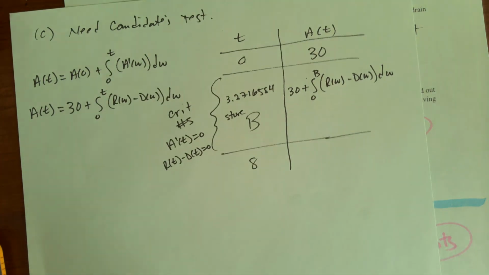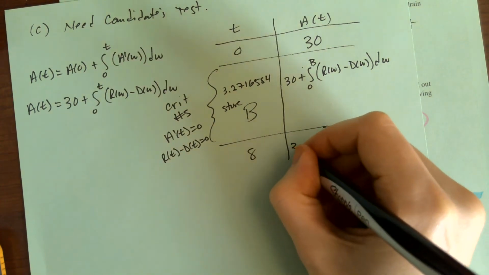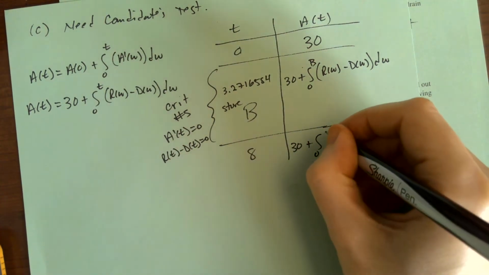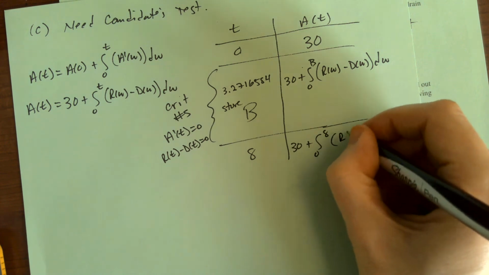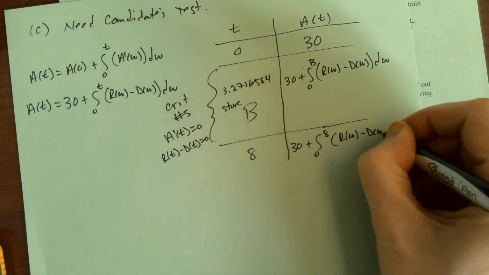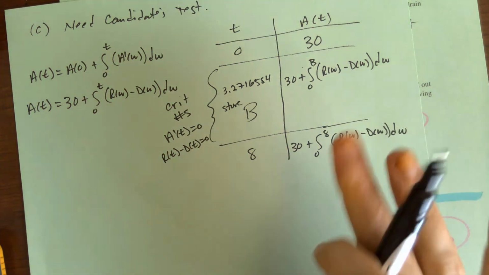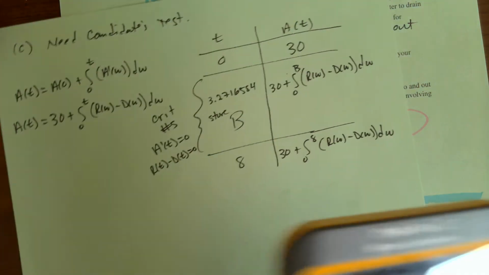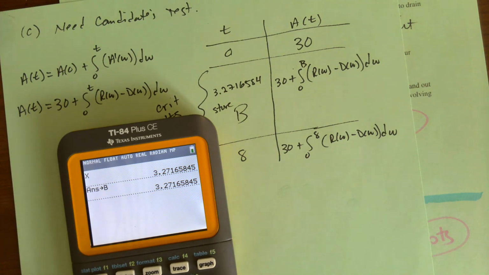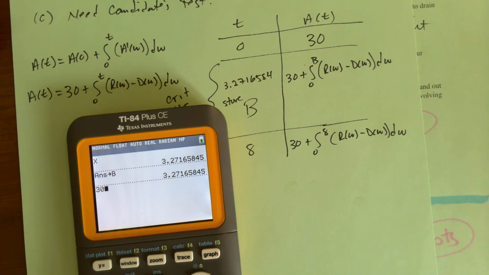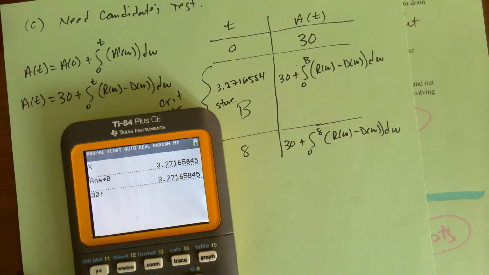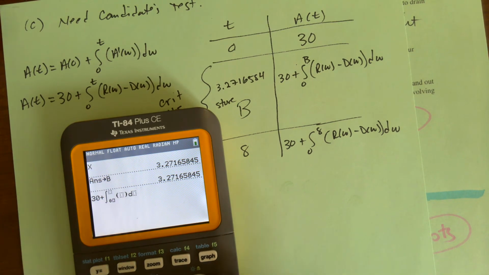Okay, and I'll figure that out in a minute. And then here, I'm going to do 30 plus the integral from 0 to 8. Okay, so I got to use math 9. All right, so 30 plus math 9 from 0 to B.